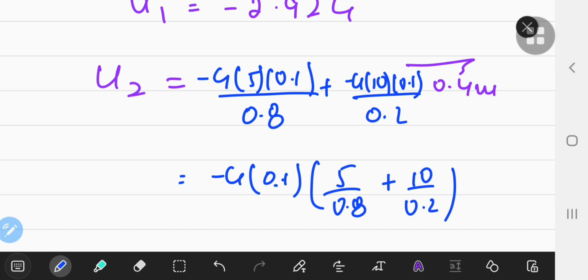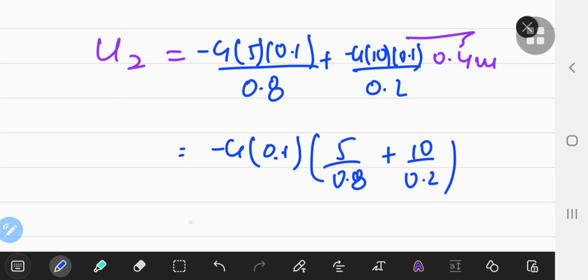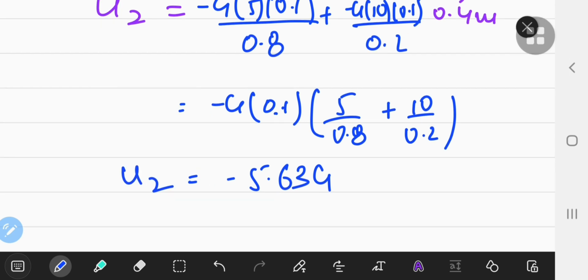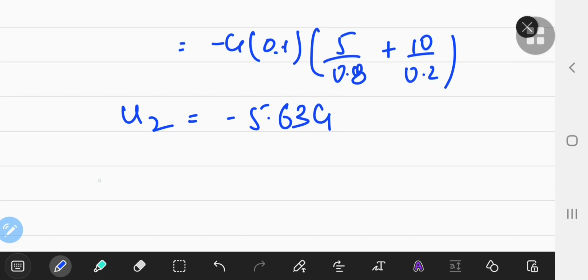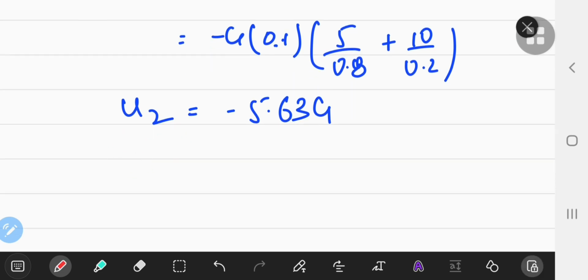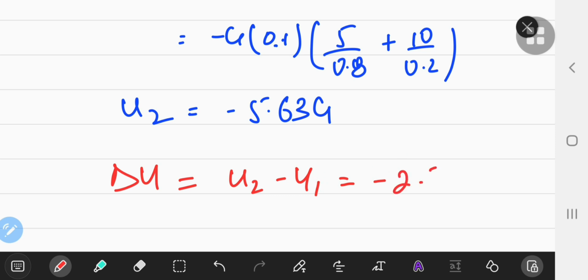So that's going to give me a negative 5.63 G. So that's the gravitational potential energy at its new position. Now that I have both potential energies, I can calculate the change in the object's gravitational potential energy, and that is U2 minus U1, which gives me negative 2.71 times G. That's the number of joules of potential energy that has decreased.